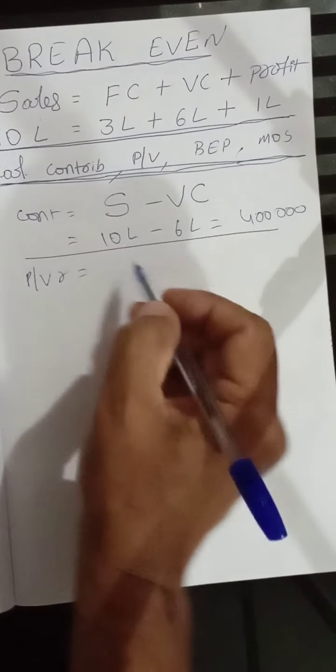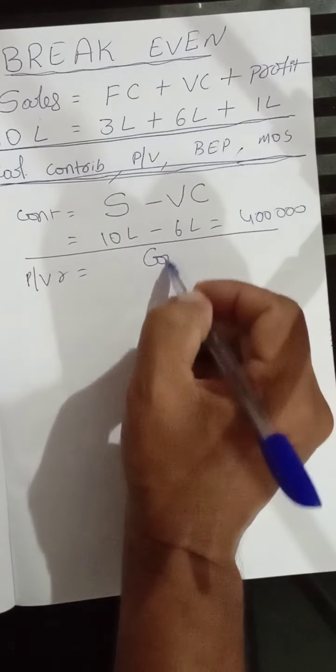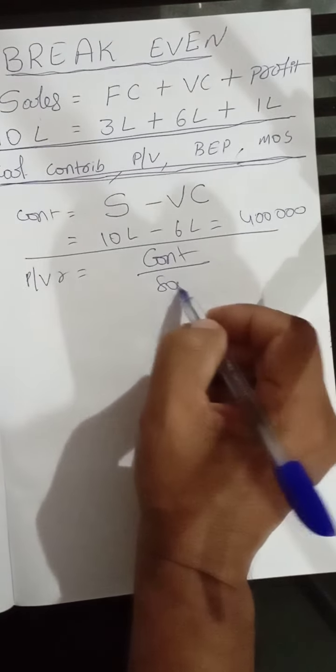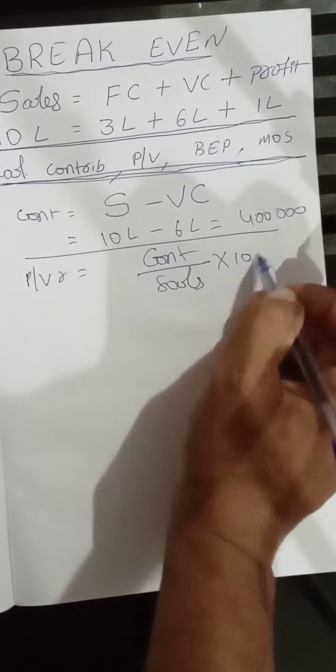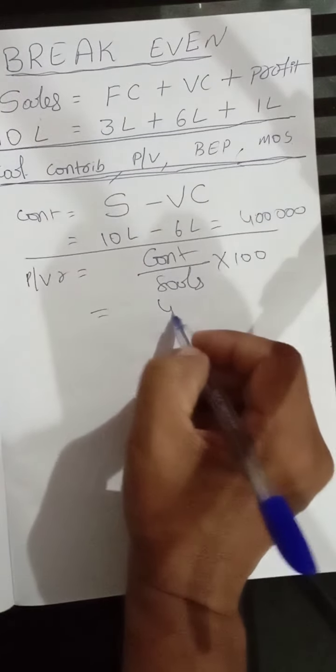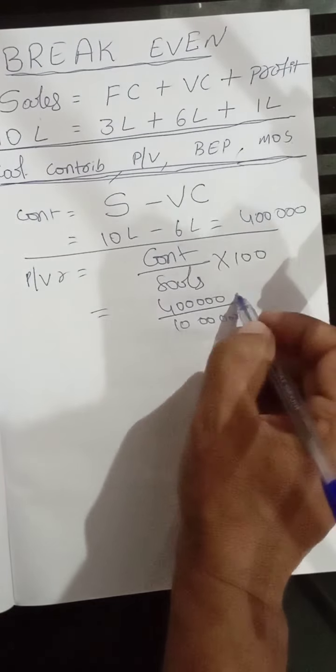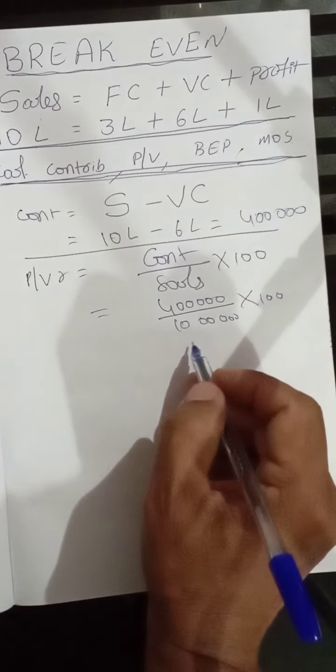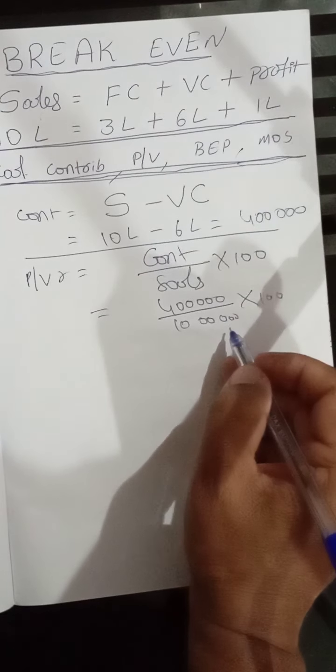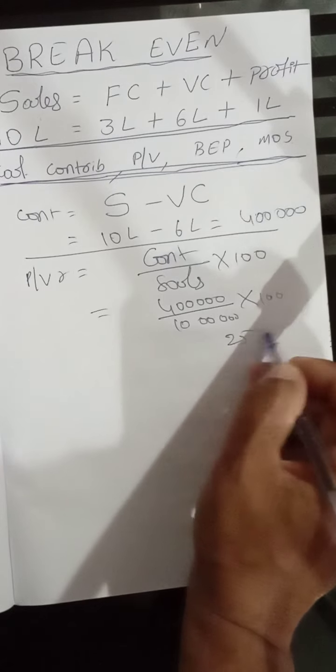P by V ratio is equal to contribution divided by sales into 100. Contribution 4 lakhs divided by sales 10 lakhs into 100. The answer is 25%. Like this we have to do.